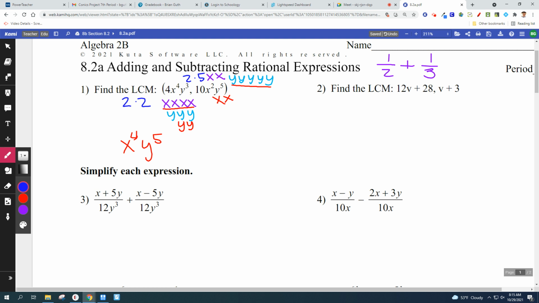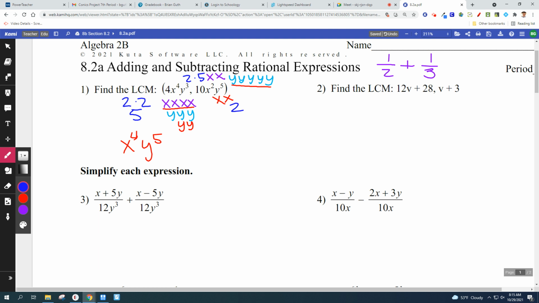The guy on the left has a couple of 2's, 2 times 2. The right side only has one 2, so we're going to give it another 2. Now they both have two 2's. The guy on the right has a 5, so let's give the guy on the left a 5 as well. Now left side and right side both have a couple of 2's and a 5 and 4 x's and 5 y's. They're now common.